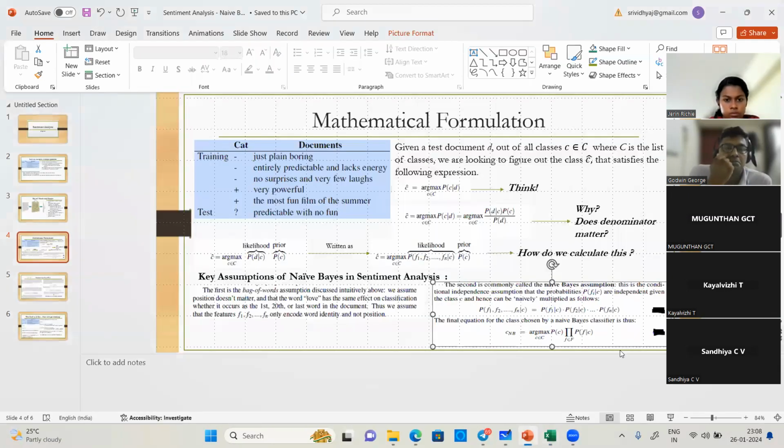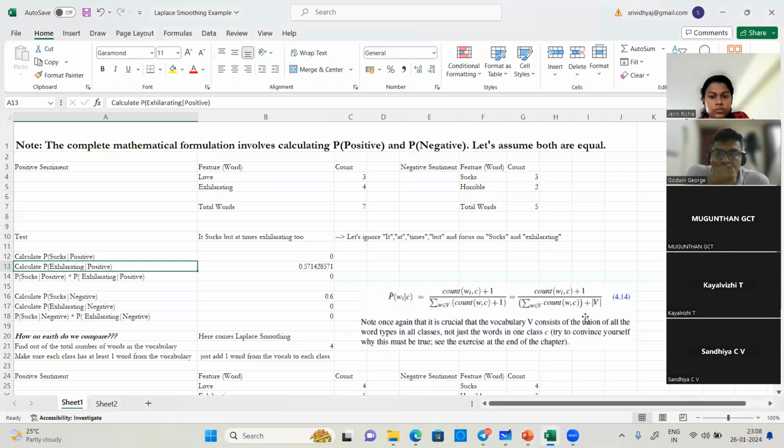Absolutely. So now we know that to get this probability of F1, F2 given C, we'll have to multiply the individual probabilities, F1 given C multiplied by F2 given C, and so on and so forth. Here, there are only 2 features, so we're going to multiply this and this.